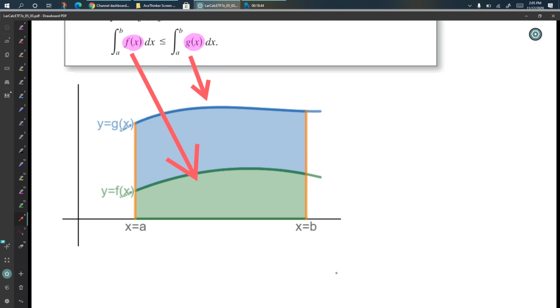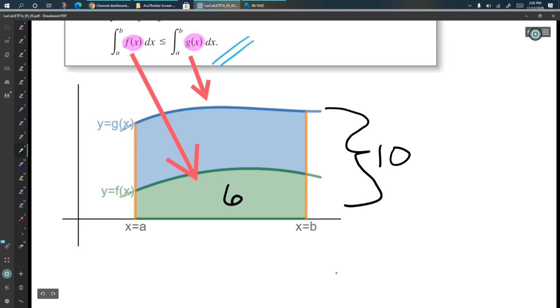Okay? There's something else that's hidden in here, that isn't stated. If I told you that this green piece down here had an area of 6, and if I told you that the whole thing had an area of 10, what's the area of the blue piece?